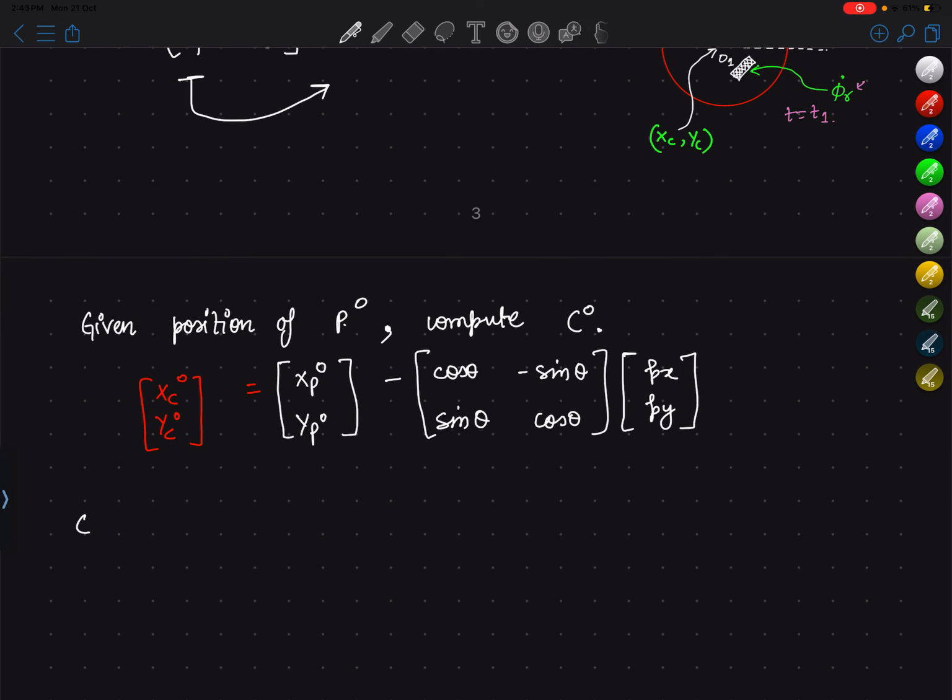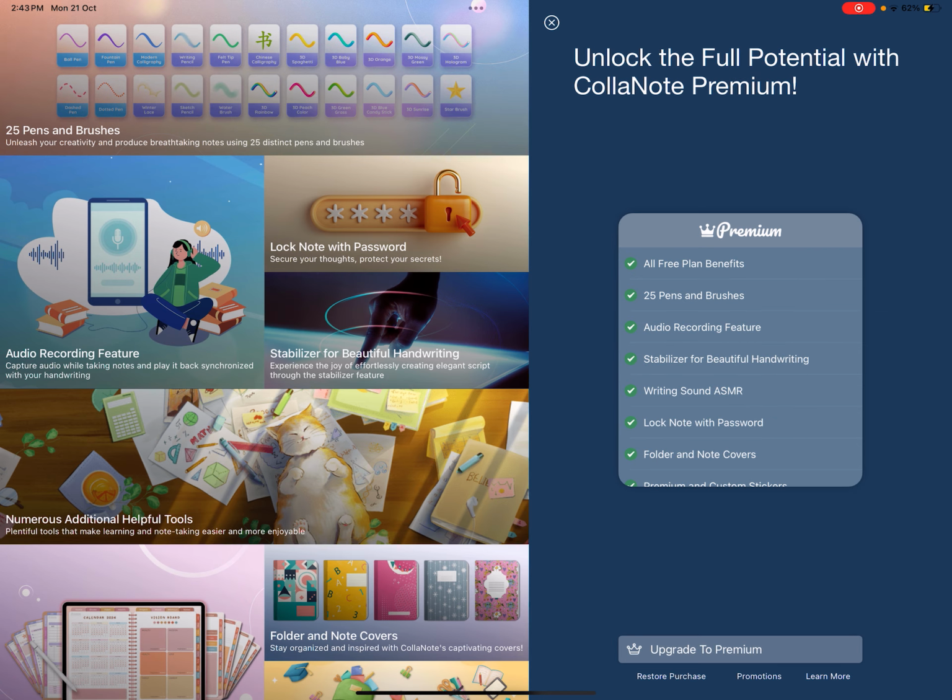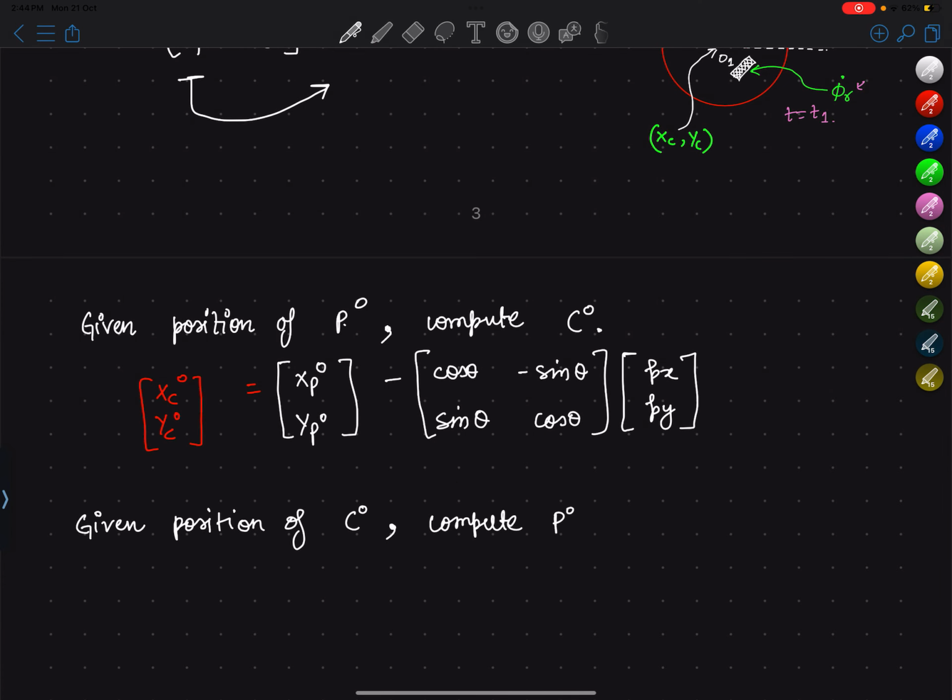In the other case, it is possible that you're given the position of C naught, the center of the robot with respect to the base frame, and you have to compute P naught, the position of point P with respect to the base frame. This is simple. You can shift it to the other hand side, and you'll get the relation.